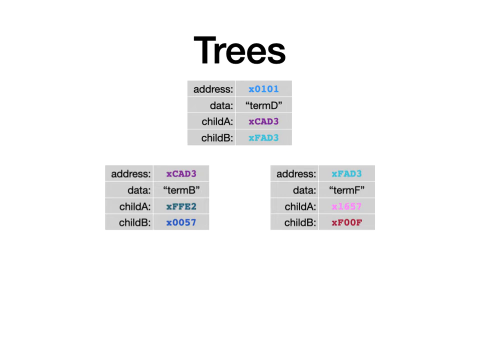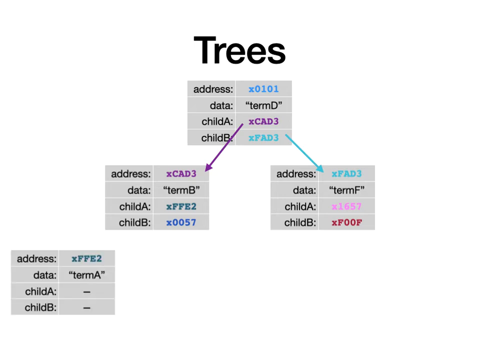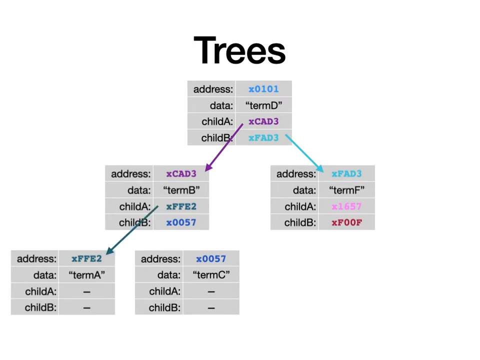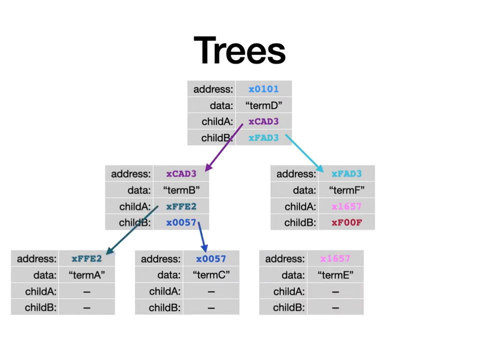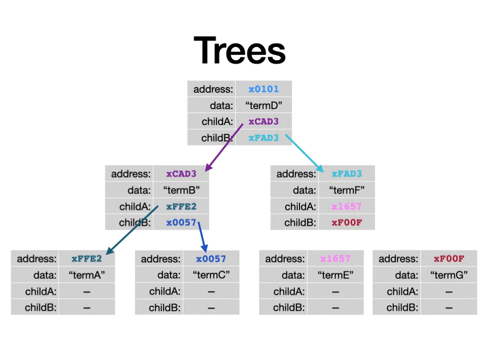So the address of child A points down to our smaller term, our lexically smaller, right? B is earlier in the alphabet than D. Whereas child B can point over to F. And then we can separate again. So term B might point down to terms A and C. And term F might point down to E and G.